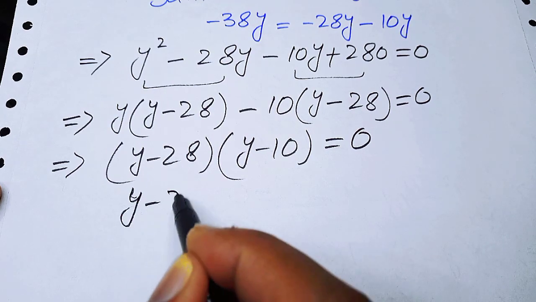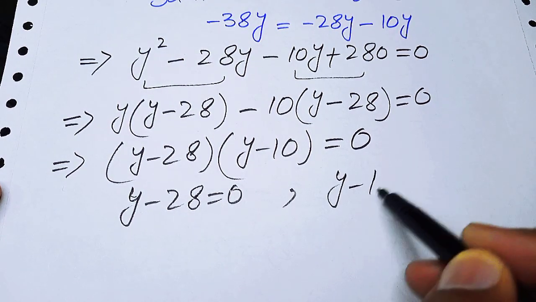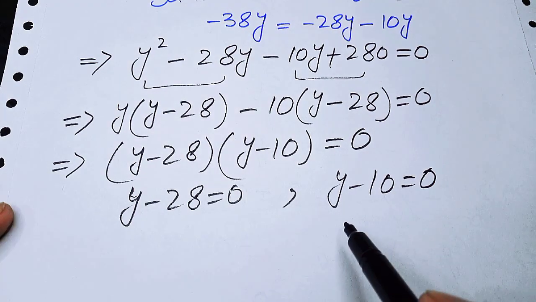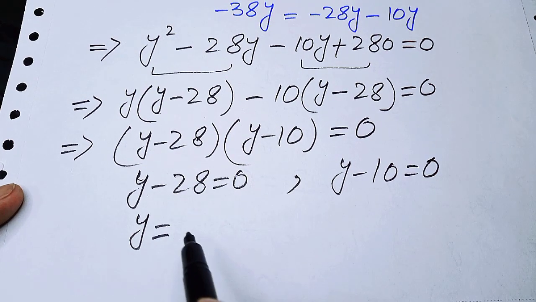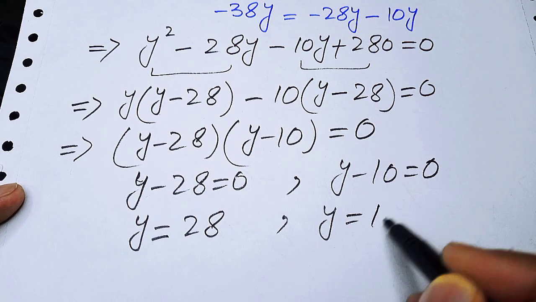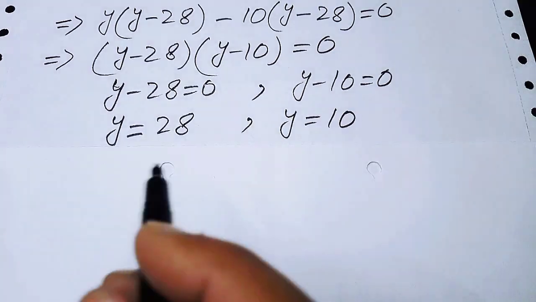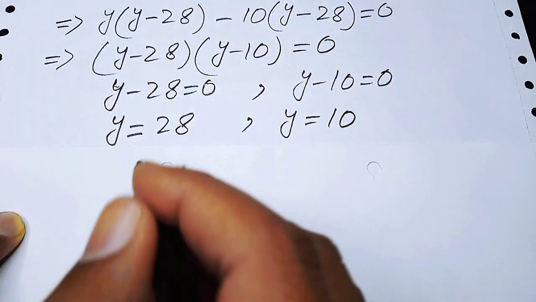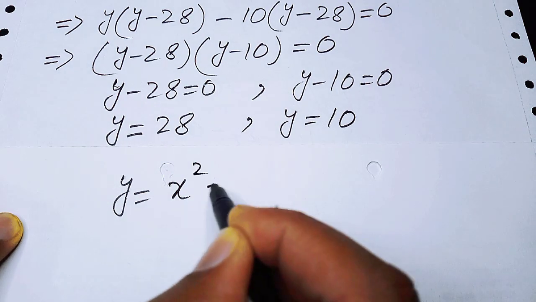The first one is y minus 28 is equal to 0, and the other case is y minus 10 is equal to 0. And here we get the value of y, which is 28, and the value of y is 10. So from above we take y is equal to x square minus 3x.